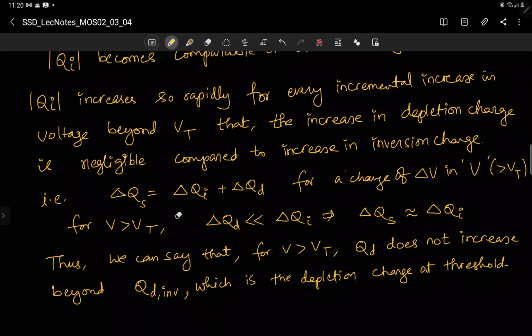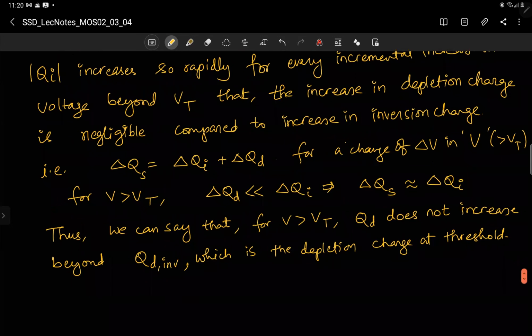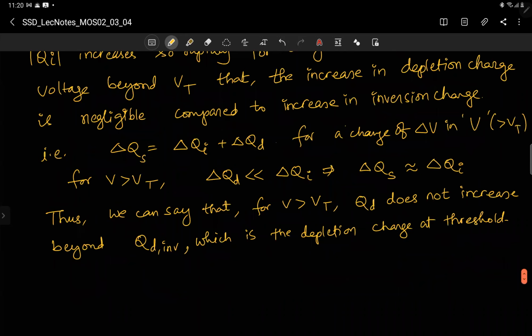In other words, the change in semiconductor charge is nothing but the change in inversion charge. So the total inversion charge is what contributes to the change in semiconductor charge. Thus we can say that for V greater than VT, Qd does not increase beyond Qd inversion, which is the depletion charge at threshold.